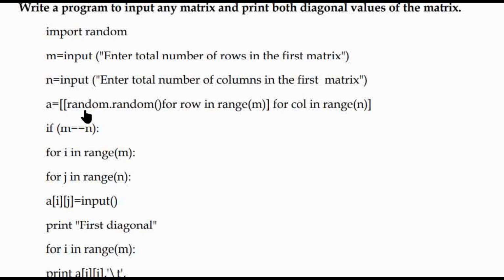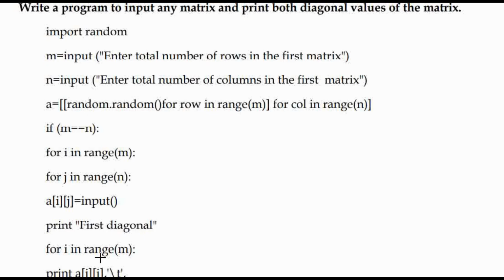A is equal to random for row in range m, for col in range n. If m is equal to n, for i in range m, for j in range n, Aij is equal to input function. Print first diagonal. For i in range m, print aii.